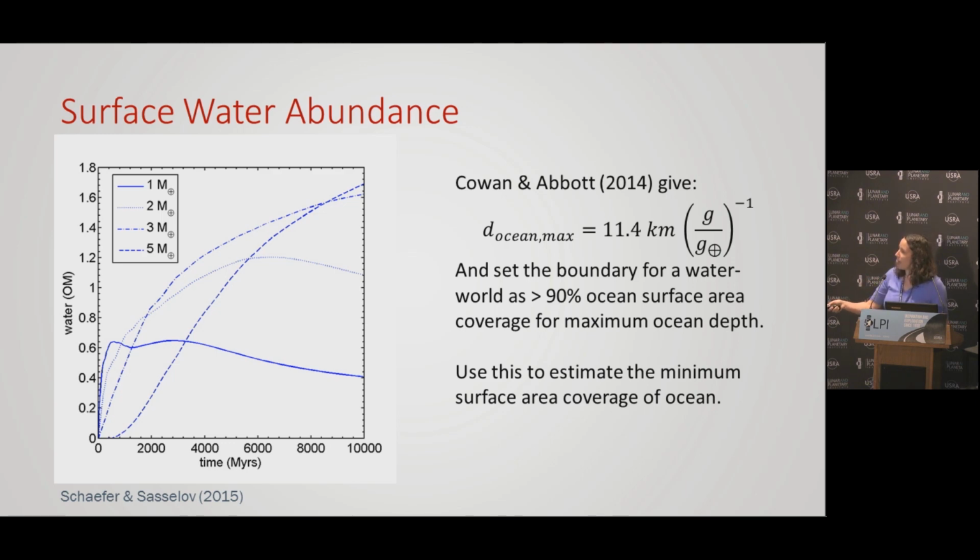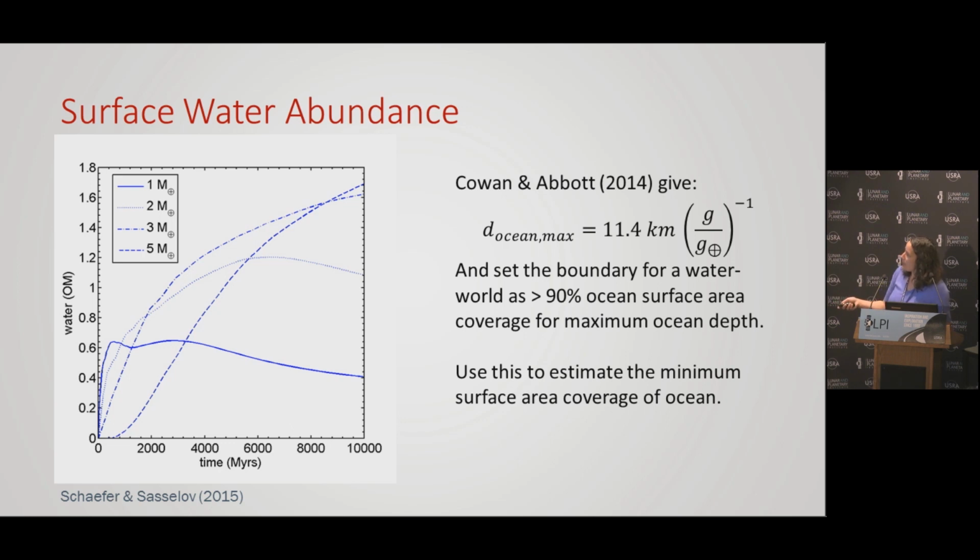And so we have about half an ocean mass of water on the 1 Earth mass planet, and it's fairly stable over the lifetime of the planet. But you can see for the 5 Earth mass planet, it starts off with no water on the surface. And it's not until about 1 billion years in that it starts to get substantial water on the surface.